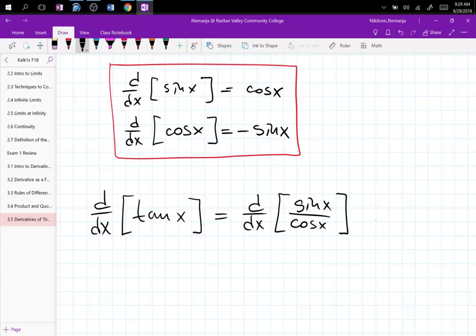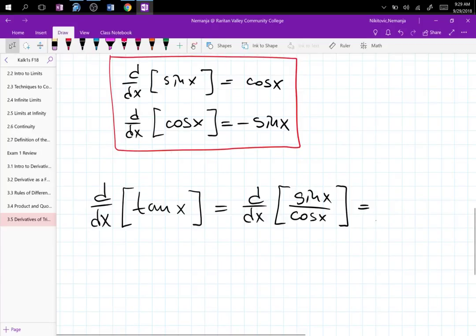The derivative of sine over cosine. Quotient formula from last class. So now I am asking you to use the quotient formula from last class where top is f and bottom is g, or if you use u and v, top is u, bottom is v, and use that quotient formula to compute the answer for this. So I'll give you some time and then I'll solve it.